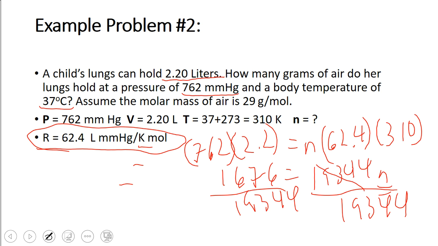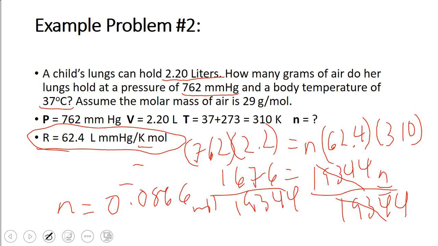These cancel. And n, therefore, is equal to 1676 divided by 19344. Now, this is all great work. 0.0867. 0.0866 moles. All right, so that's great.